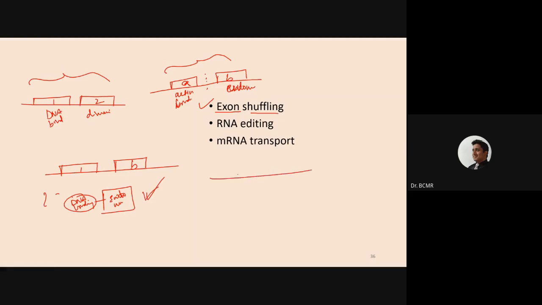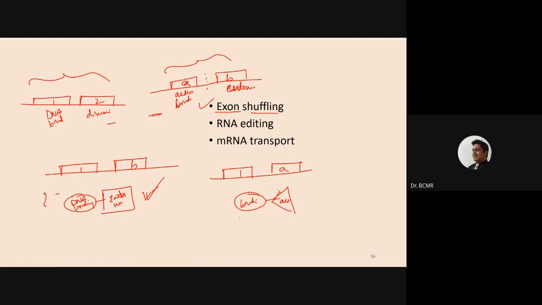In case recombination happened between these two genes and something like this has formed, exon 1 and exon A, then it has a new protein again, which will have a DNA binding domain and an actin binding domain, right?